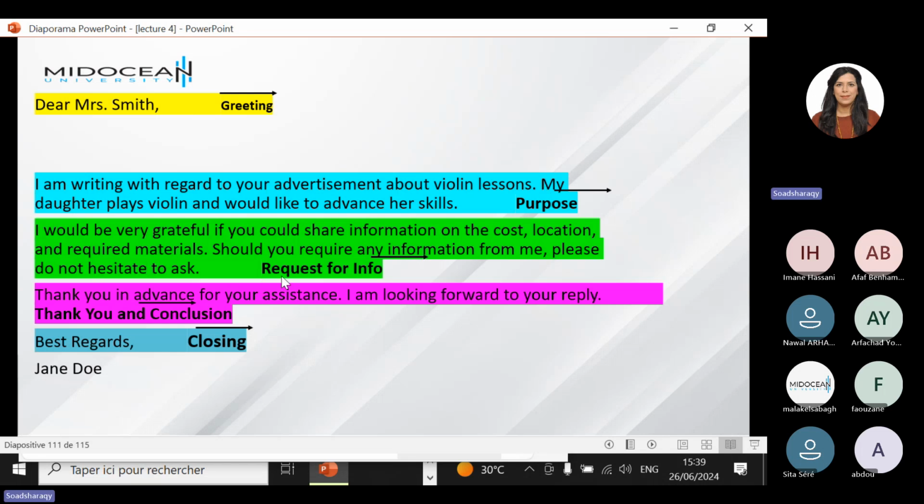Now, request for information: I would be very grateful if you could share information on the cost, location, and required materials. Should you require any information from me, please don't hesitate to ask. Closing: thank you in advance for your assistance. I'm looking forward to your reply, and thank you. And conclusion here, best regards, Jane Doe.